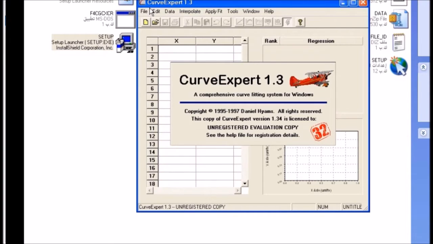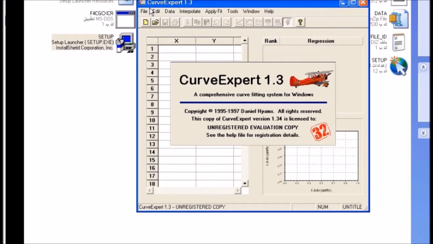We will use here the program of Curve Expert number 1.3. It's old, but at the same time we can use it.